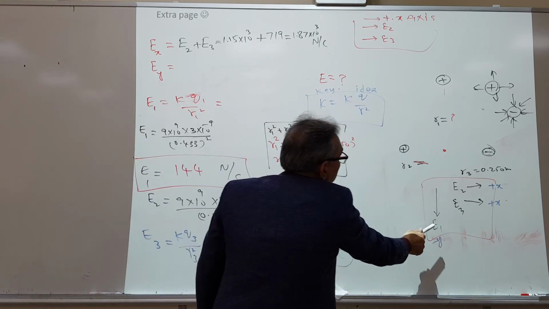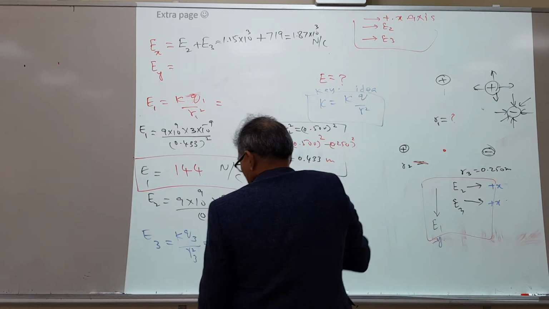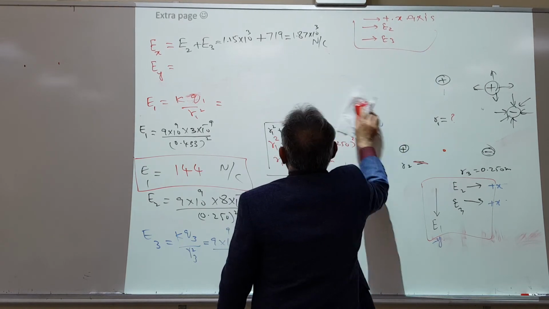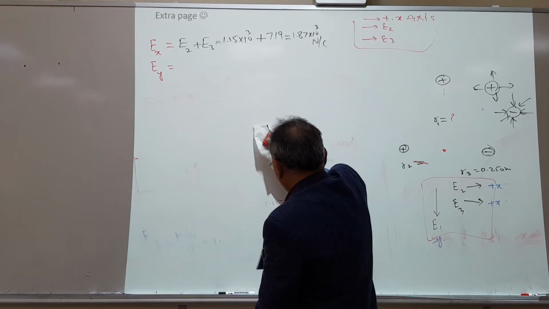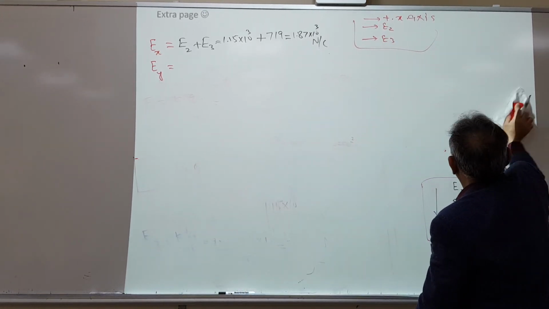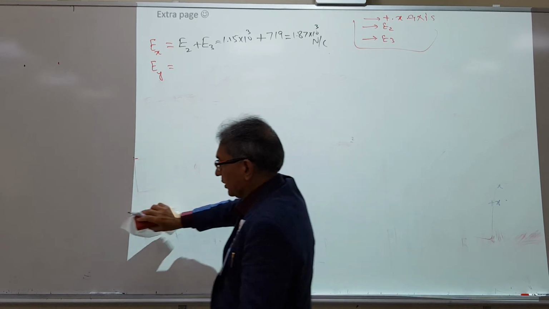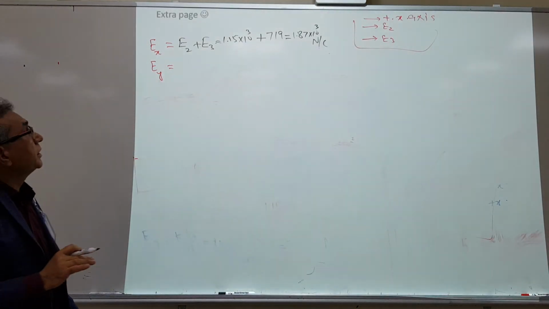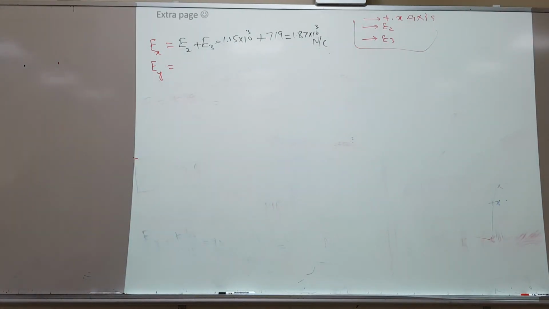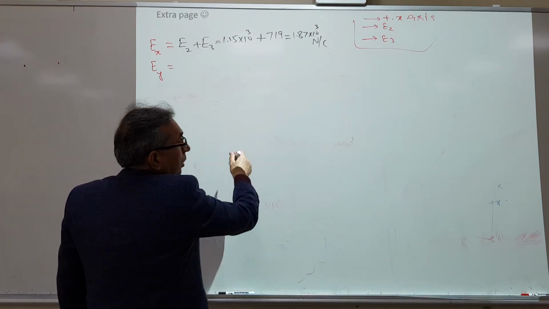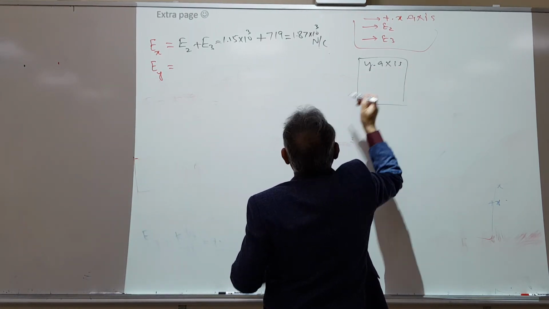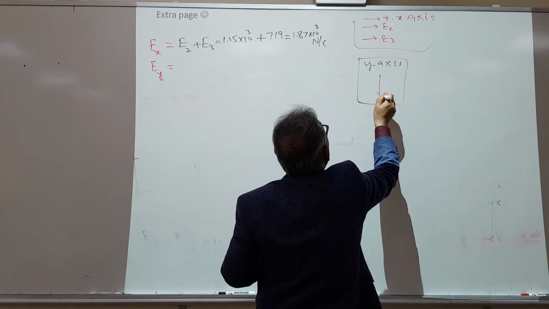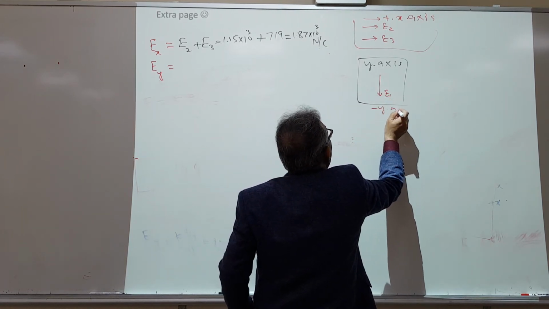Now similarly, the y component. The y component is only E1, right? So I can write the y component of the resultant electric field intensity E is only E1, along the negative y-axis.